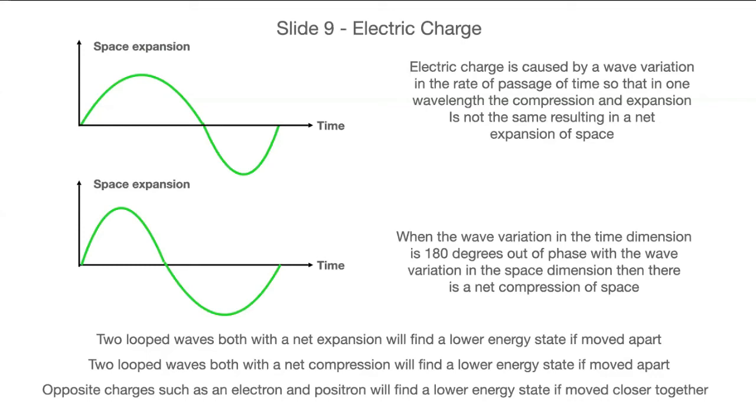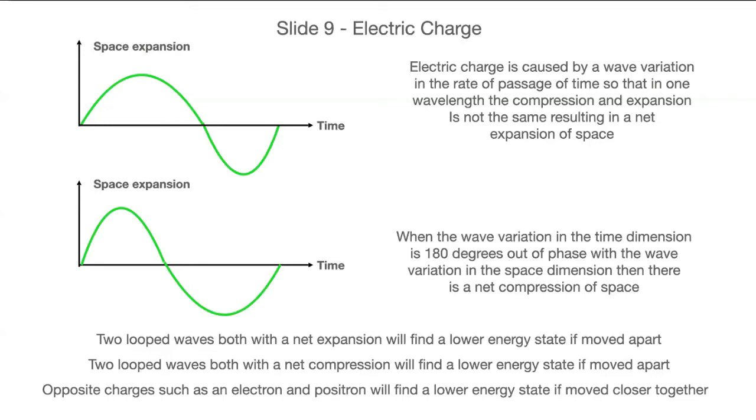So remember, we're talking about space-time, and the effect is that you can see that the period that space is expanded and the period of space compression is no longer the same. So when you get a wave variation in the time dimension, what happens is that you get a net expansion of space or a net compression of space.